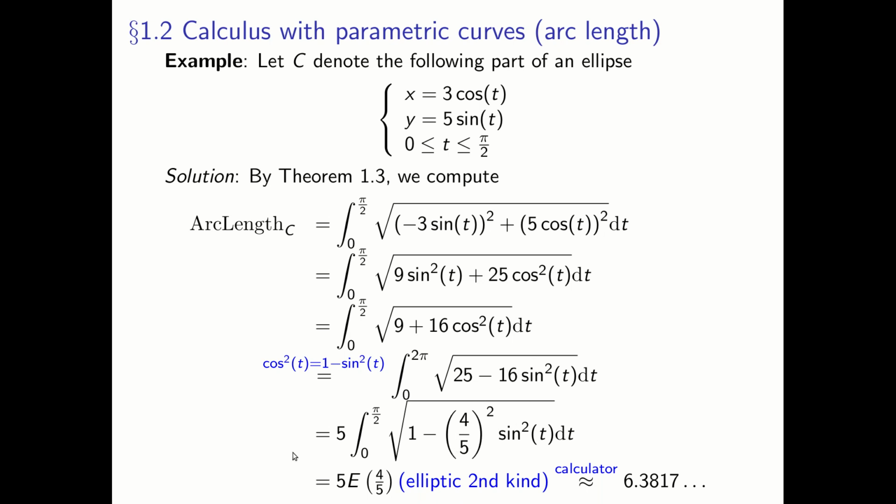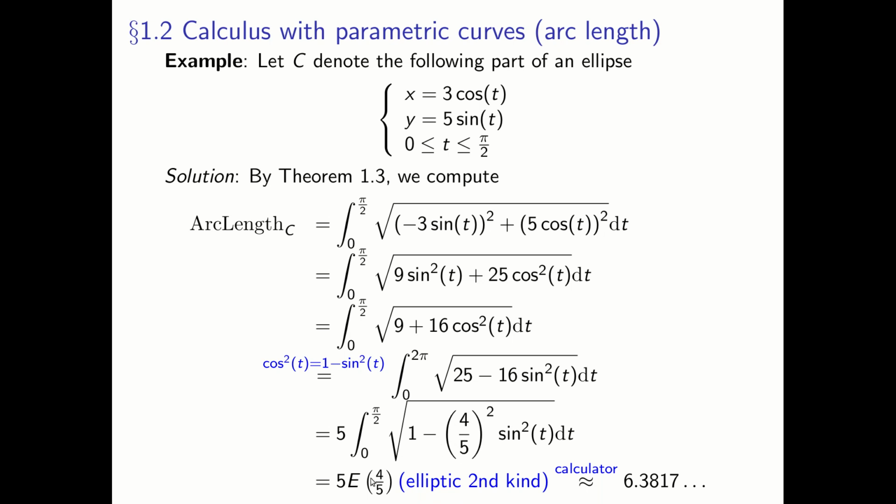Anyway, this thing is not something you can integrate with Calc 2 methods. You might think maybe a trig substitution would knock it out, but it doesn't. And so mathematicians, this is an ellipse, this is a very simple shape, mathematicians give this kind of function a name. They call it an elliptic integral of the second kind. And the variable of an elliptic integral of the second kind is the value that goes inside this square.